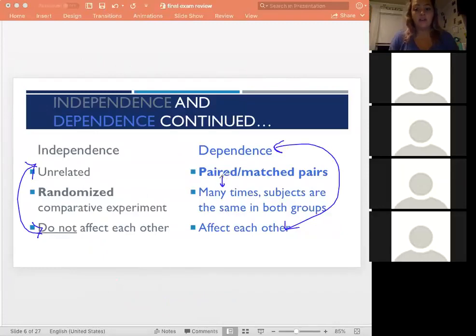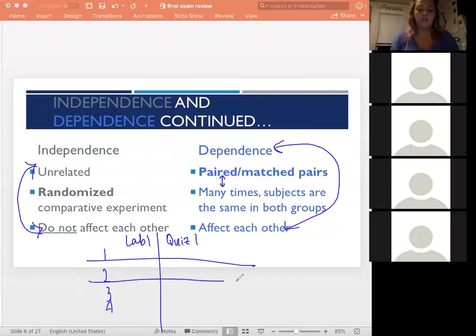Paired and matched pairs, this is saying that when they're dependent on one another, many times subjects are the same in both groups. This is something like if we have students 1, 2, 3, 4, etc., and we have their lab 1 score and their quiz 1 score, and we want to compare for each student.